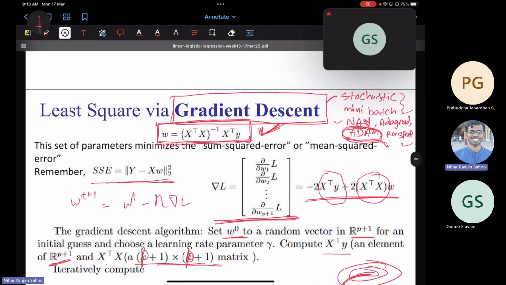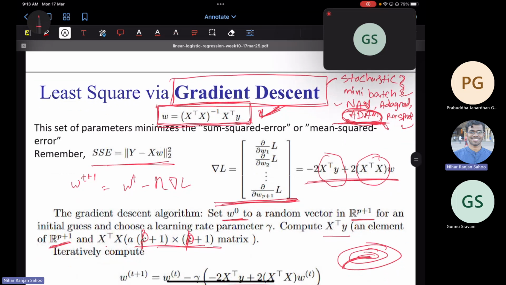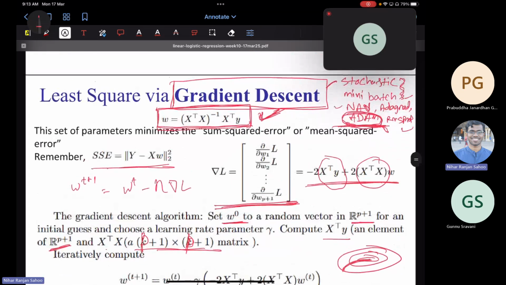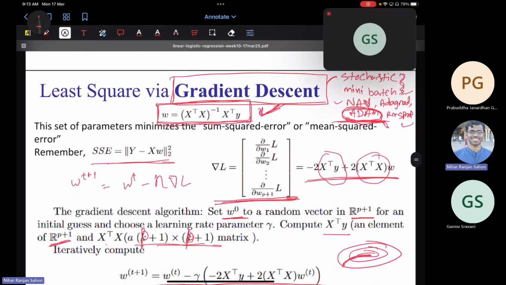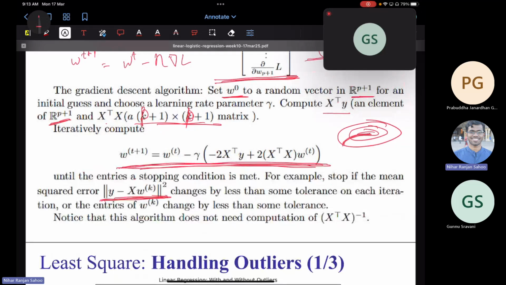If we're working with textual data, Adam works very easily. If we are working with tabular data, then stochastic or mini-batch gradient descent converges very fast. The nuances behind this you can explore. If time permits, we'll definitely cover it as part of this course.